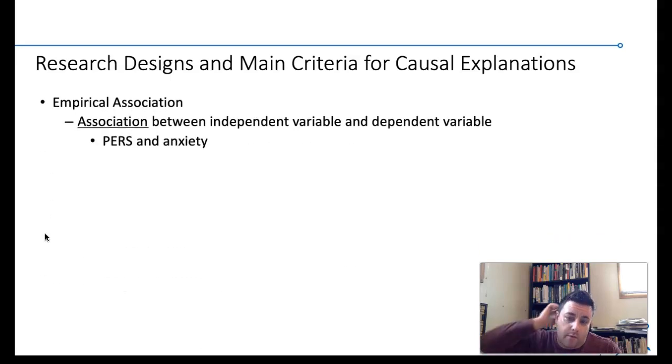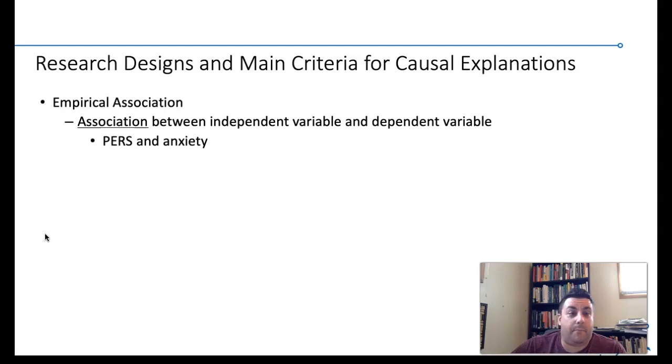The point of most research, or the big goal, is to prove causality, that one variable is responsible for causing a change in a different variable. But there are a number of criteria that have to be satisfied in order to conclusively say that one variable causes another.